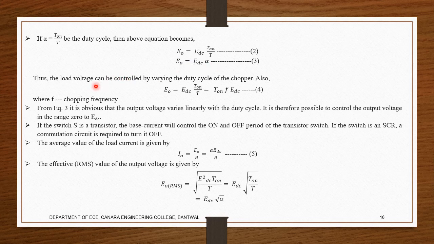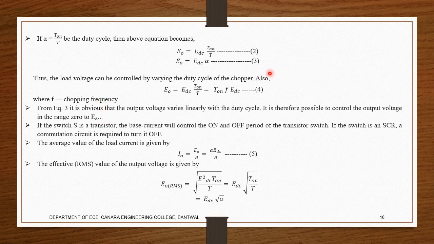The load voltage can be controlled by varying the duty cycle of the chopper. Also, we can write E0 equals T on into F, that is 1 by T, so E0 equals alpha into EDC, where F is the chopping frequency.